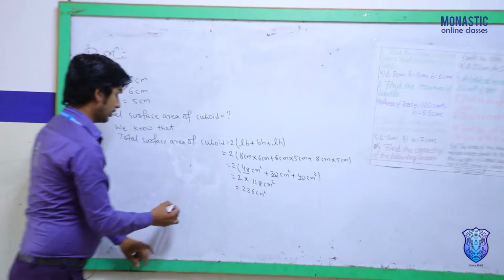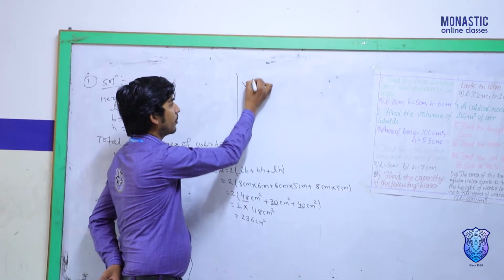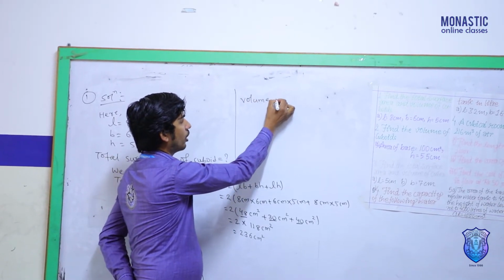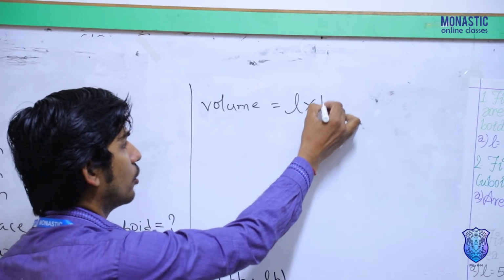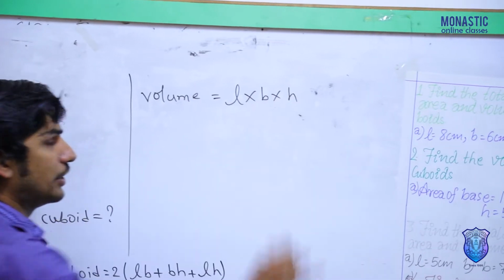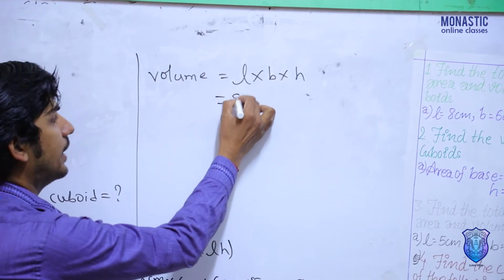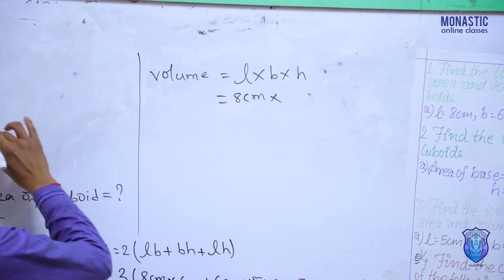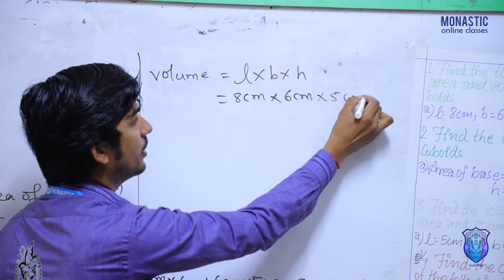Second one is volume. For volume, you know that volume is equal to length into breadth into height. The length is 8 cm, breadth is 6 cm, height is 5 cm.